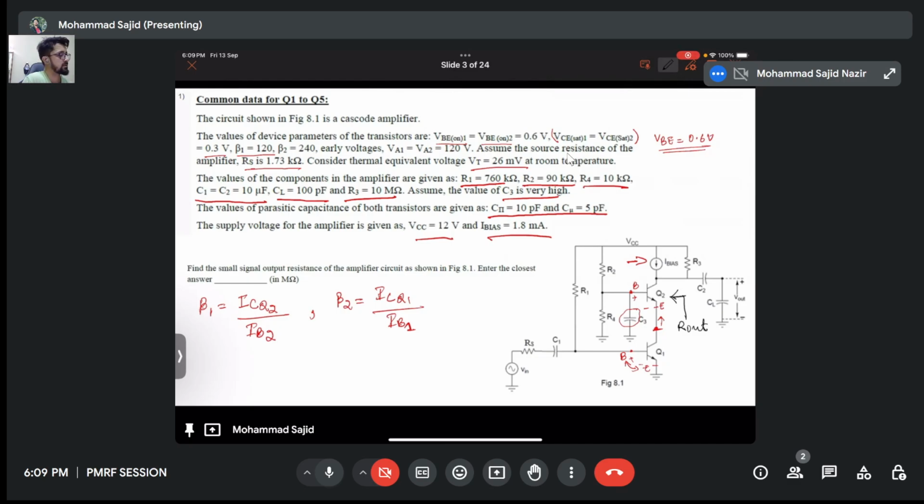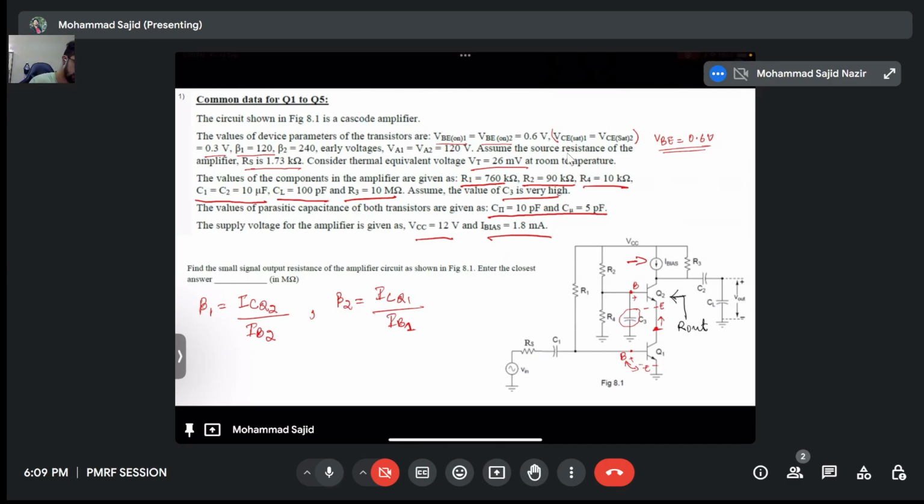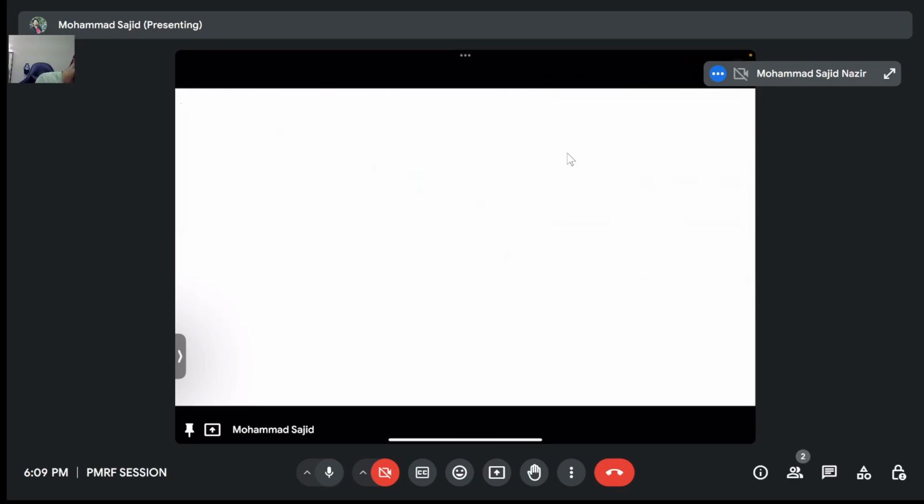So what is our step? Our first step is to draw an equivalent circuit.